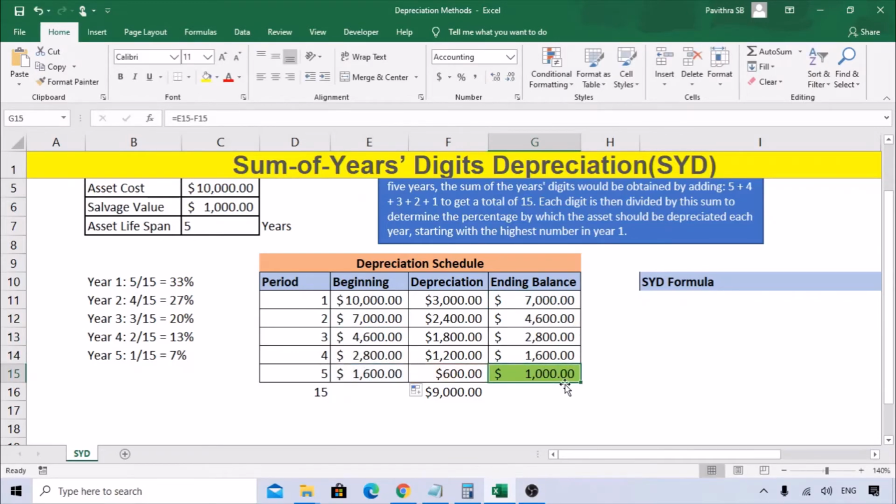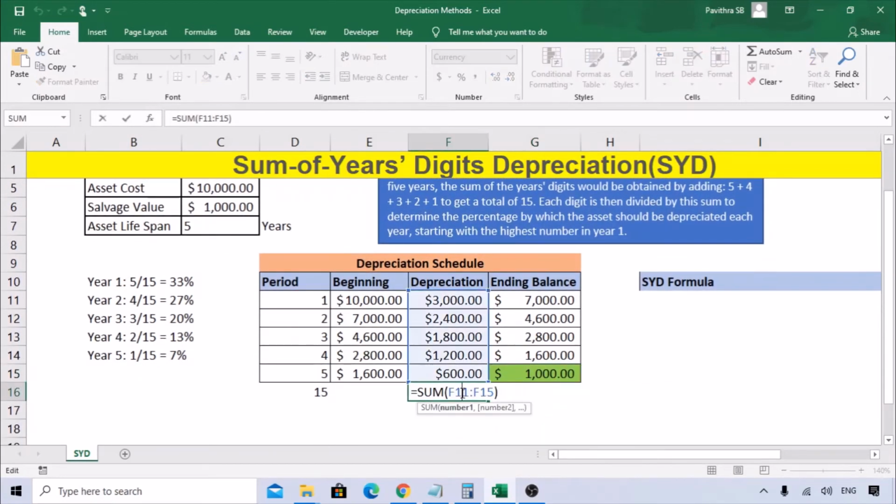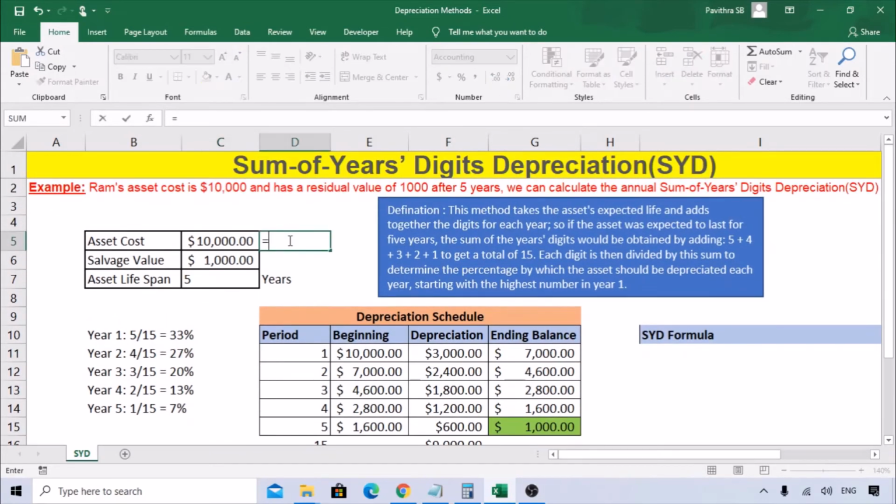Now you can see the ending balance of that asset is $1,000. The total depreciation is 9,000. So 33% is deducted here. Since the asset value is 10,000 and minus 1,000 salvage value, this divided by, I think 33% should work.